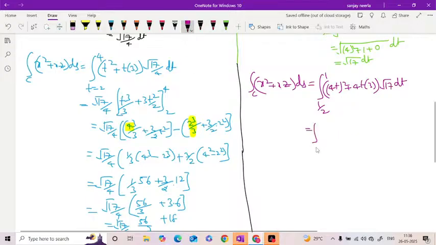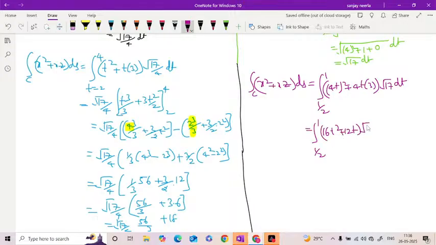So integral 1 by 2 to 1, 4t square is 16t square, plus 12t, into root 17 dt. After integrating, root 17, 16 into t cube by 3 plus 12 into t square by 2, limits 1 by 2 to 1.